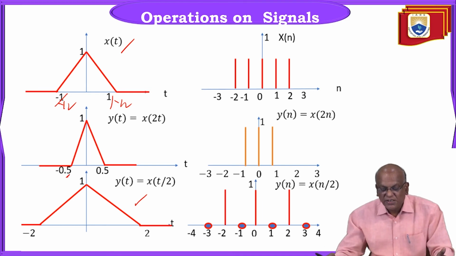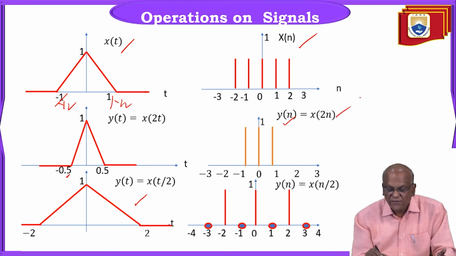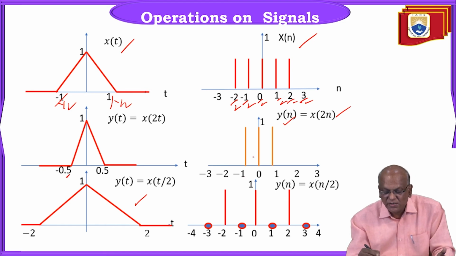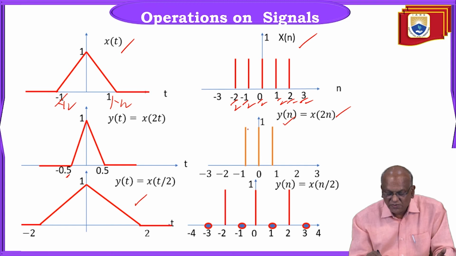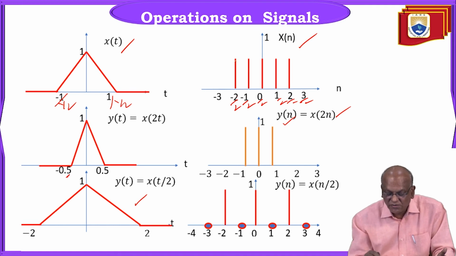Similarly, you see that in this case, we know that x of n is a discrete time sequence, and y of n is x of 2n. Now you can see that every value will be divided by 2. Minus 2 by 2 is minus 1. What is x of minus 1 value? x of minus 1 equal to 1. Similarly, y of minus 1 equal to x of minus 2, and x of minus 2 value equal to 1.